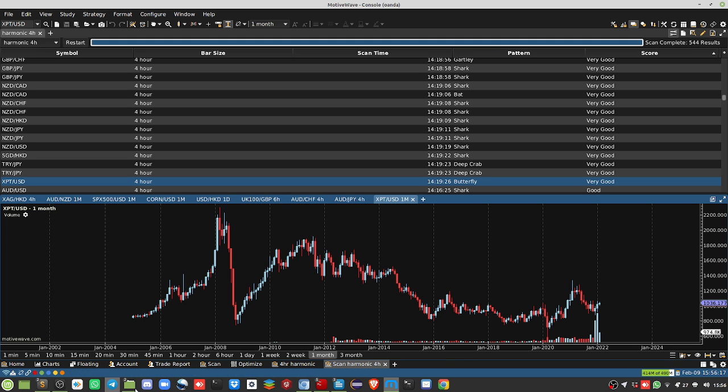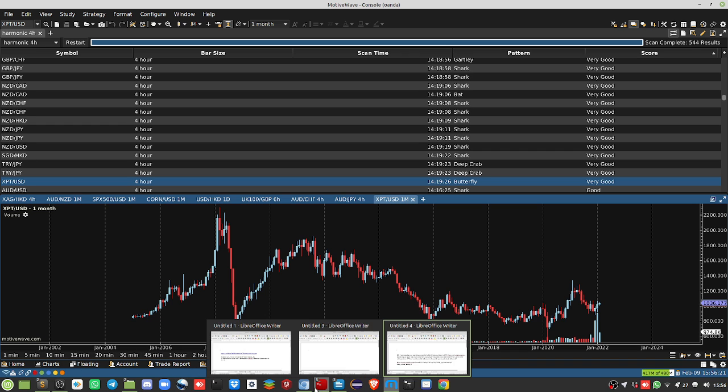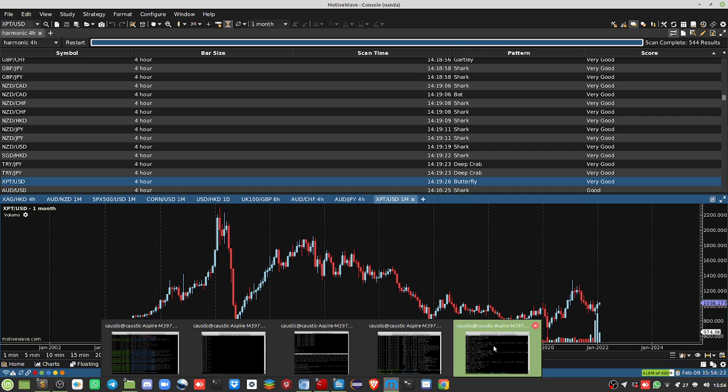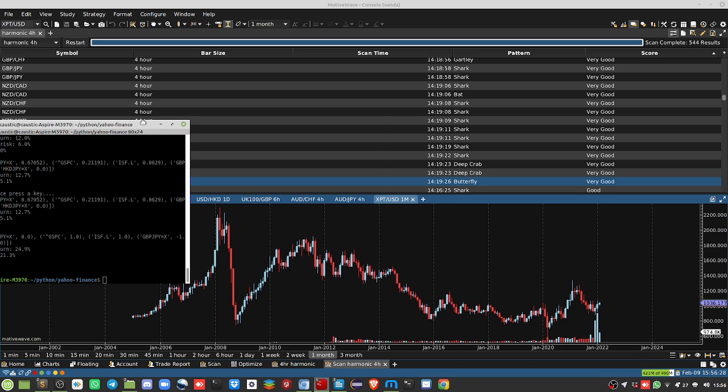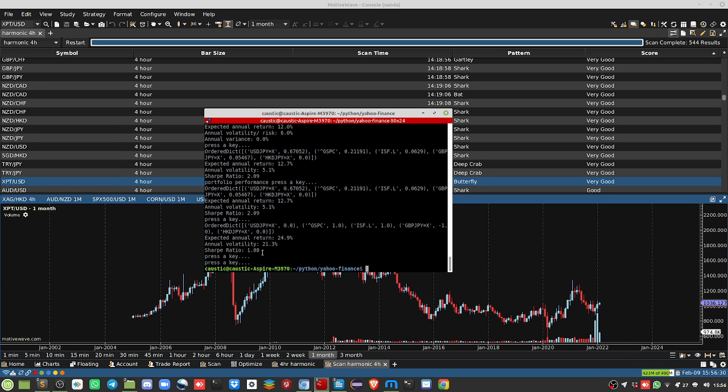So generally, let me see if I might have the weighting here. Okay, so right here is what we're looking at. As an example, a Sharpe ratio of 1, annual volatility, expected annual return of 25%. Of course, these are very wild, unpredictable.